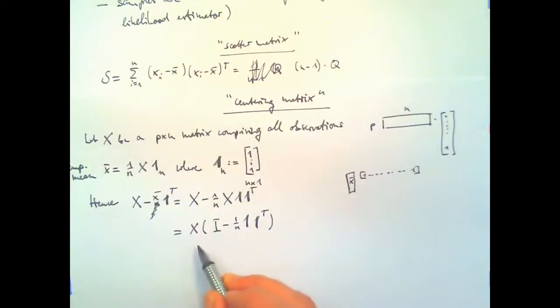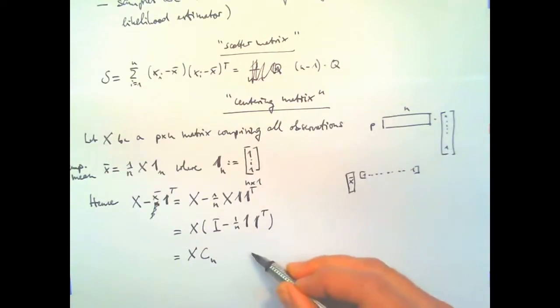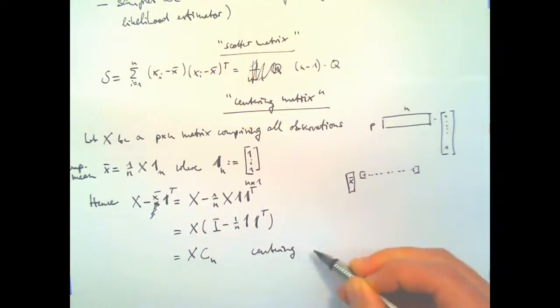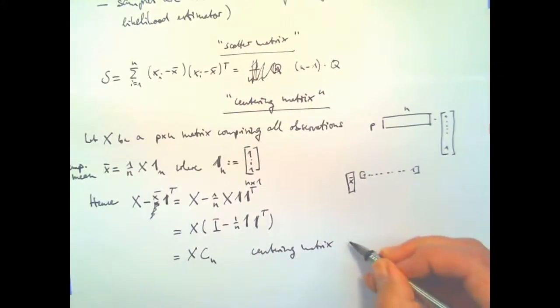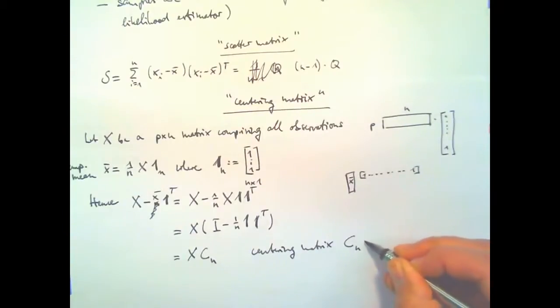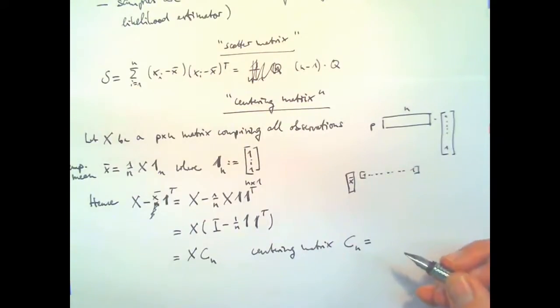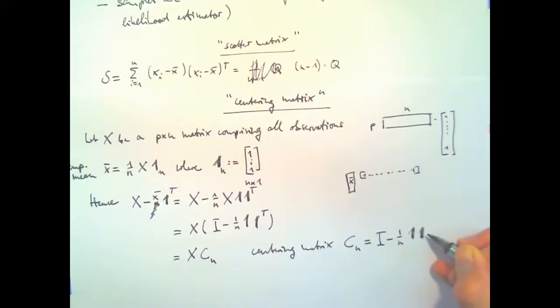And this thing here, so it's a nicely symmetric matrix, that is known as the centering matrix. So that's X C_n, where the centering matrix, I'm writing it once again because you will see this further in the semester when we talk about multidimensional scaling. And the centering matrix can be used, for instance, to subtract the row and the column average in a very convenient fashion.